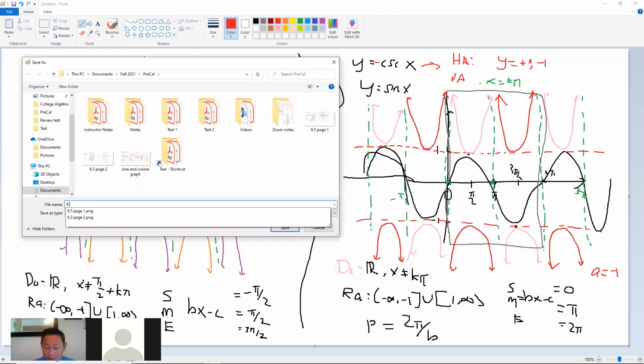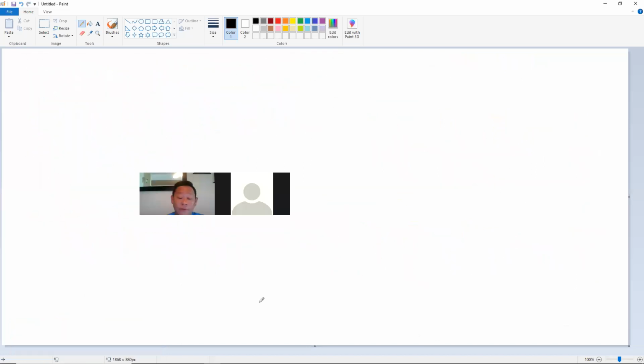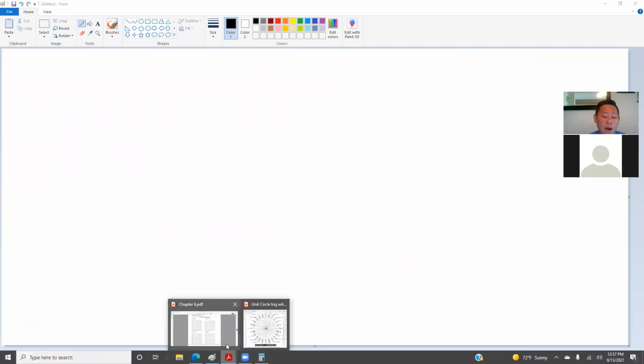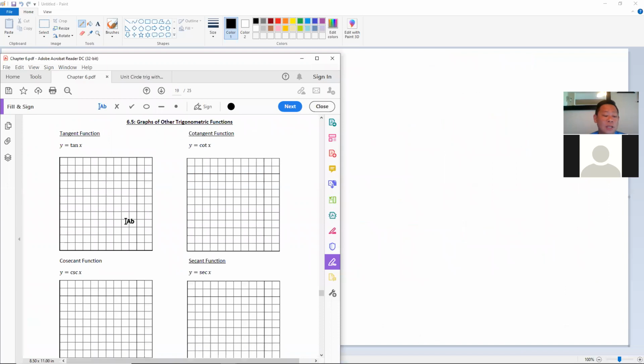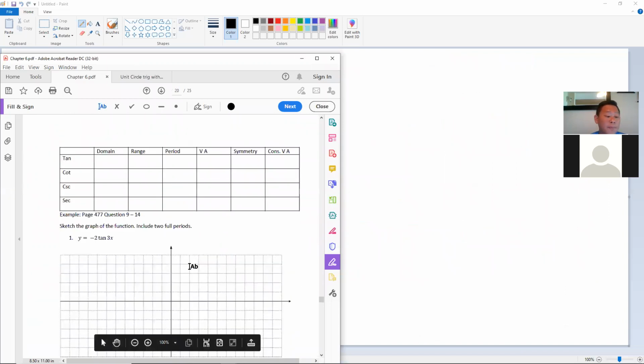I really strongly urge you to practice this. Without any practice, you will fail my test. Definitely, you will get an F on the test. So this is how you do your graph for sine, tangent, cotangent, secant, and cosecant. We talked about all this already.